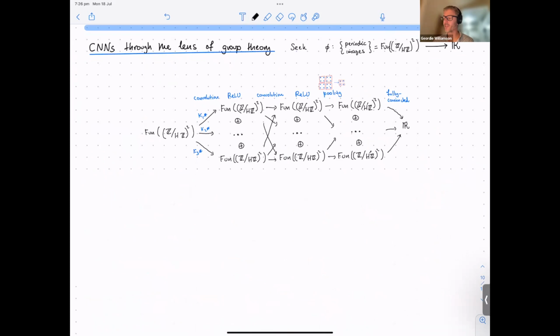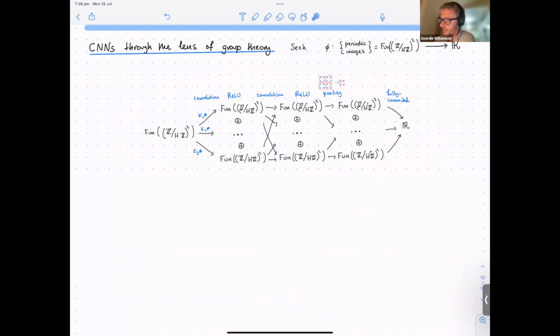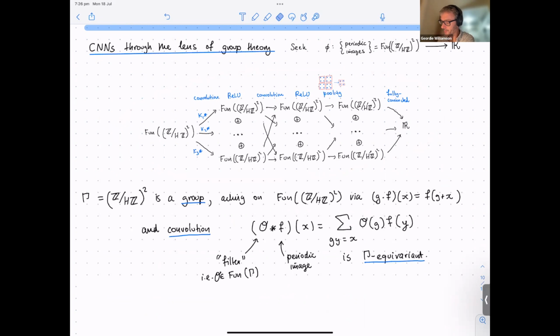Now, I just want to look at this situation through the lens of group theory. This is what I've just explained, the structure of a convolutional neural net. I just want to point out that this is a group, and this group acts on the set of functions via translation.